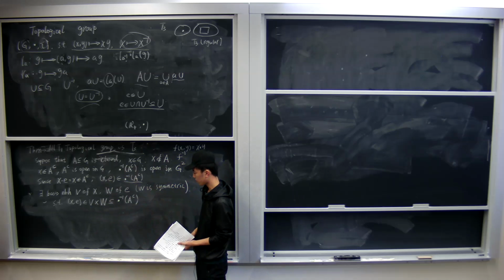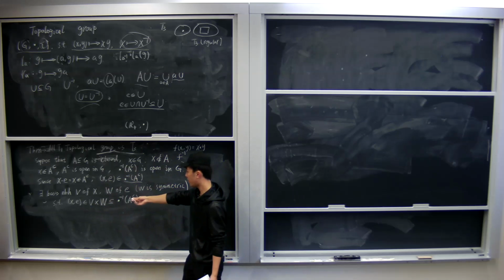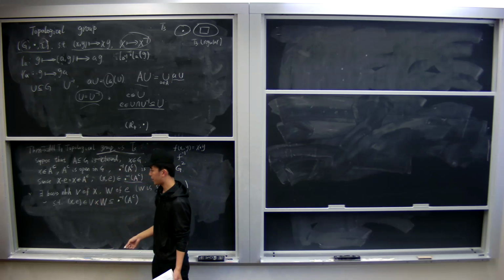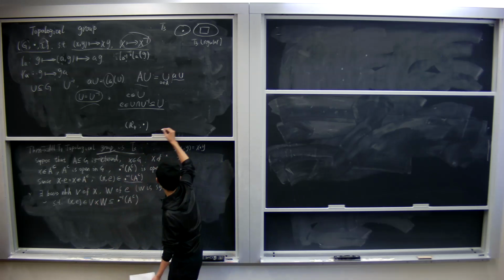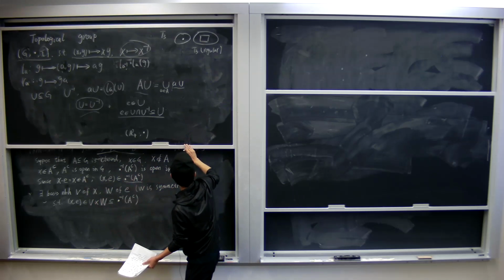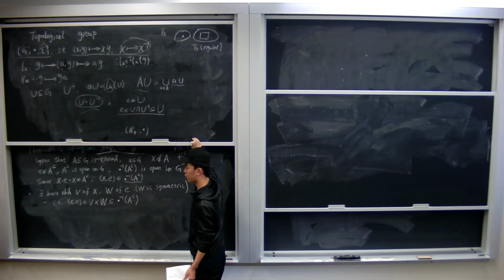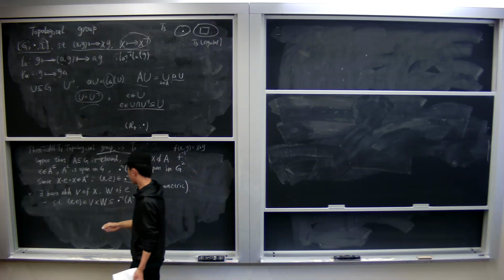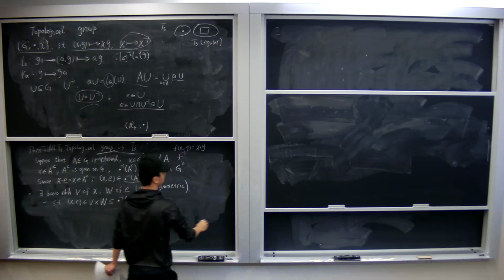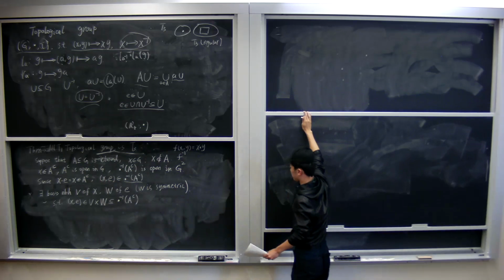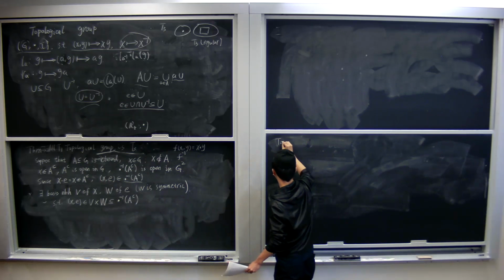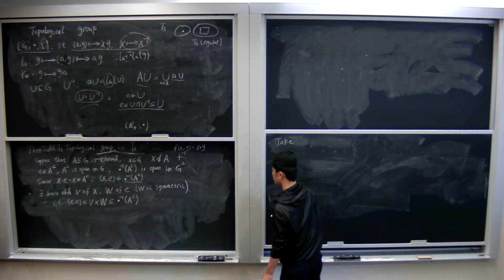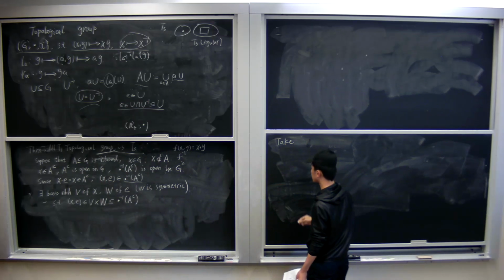So we already found the neighborhood of X. Then we should find the open set of this. How do we find that? We take U equal to AW.